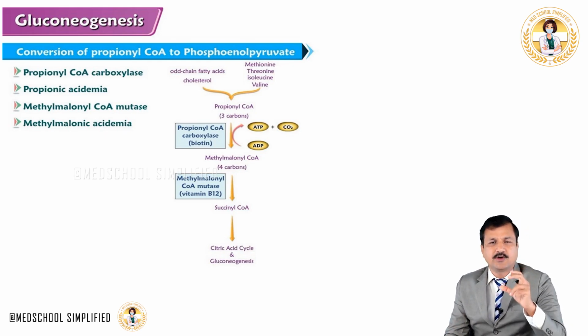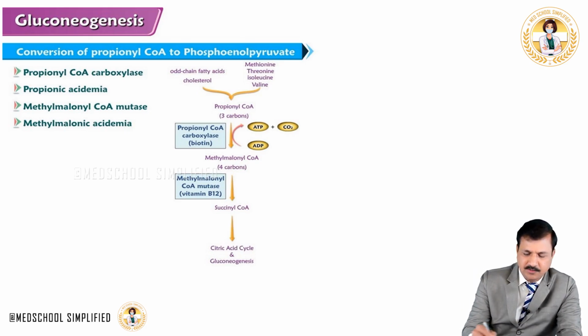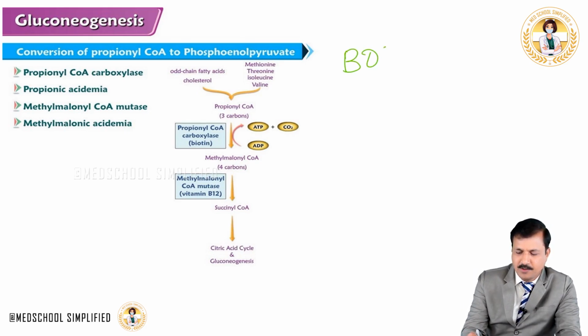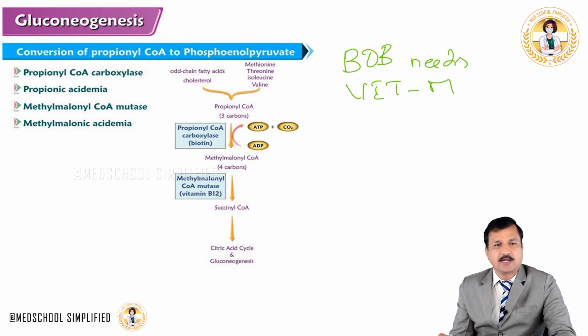You know propionyl-CoA, which is a 3-carbon molecule coming from a variety of sources, which I have explained with a mnemonic that you must remember, and that is Bob needs vitamin M. This is the mnemonic that you can remember as sources of propionyl-CoA.